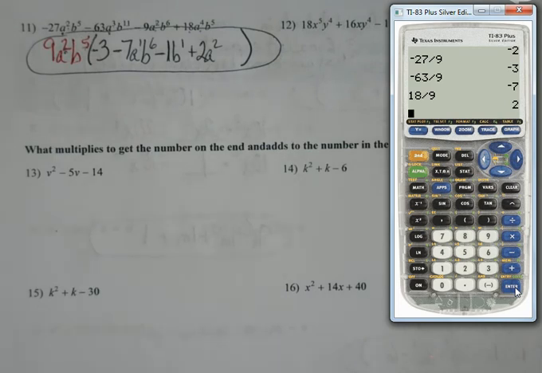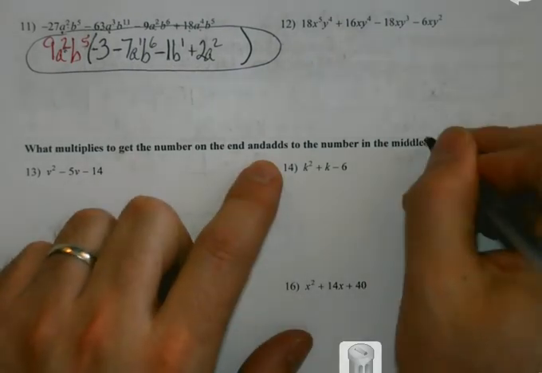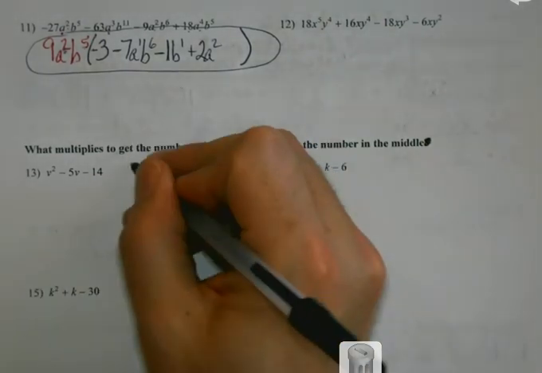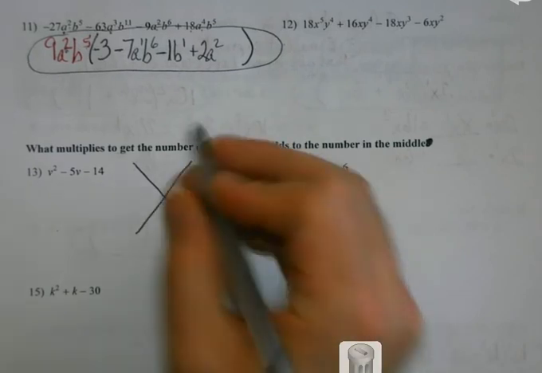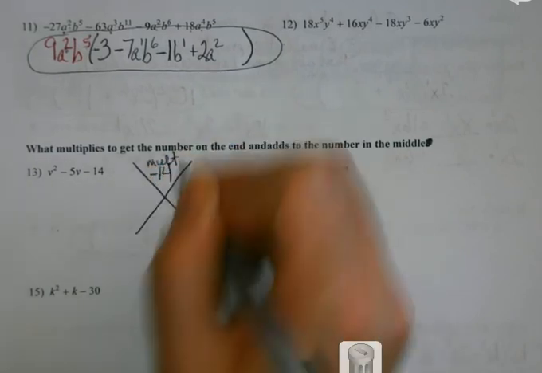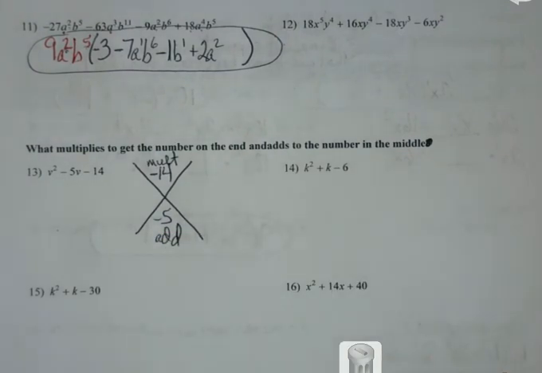And then I don't know what happened to my directions here on the last part. What multiplies to get the number on the end and adds to get the number in the middle. I don't know what that 8's there for. So again, these are just my diamonds. These are just the ones where I go, okay. So I'm multiplying to -14. I'm adding to -5.